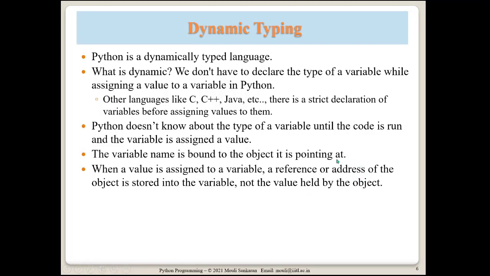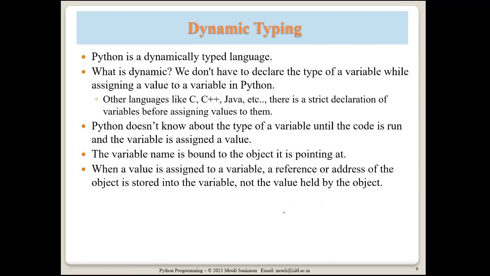I may be saying address, id or reference, but anyway, you cannot use that address to do something. It is something to do with a unique value, so that you will not have any other object with that value. That is stored into the variable, not the value held by the object.